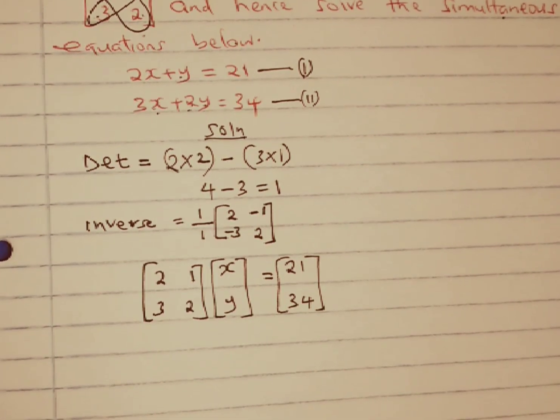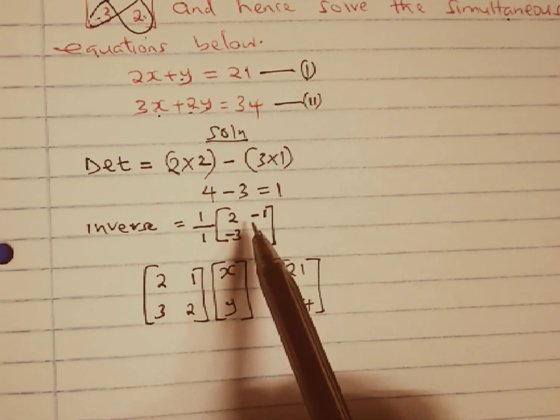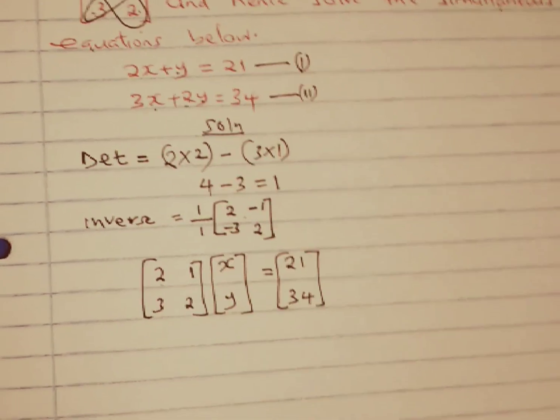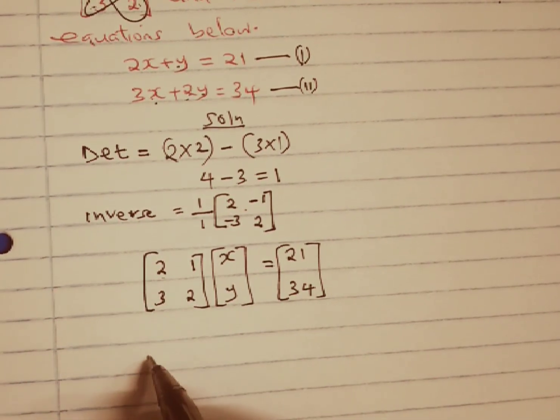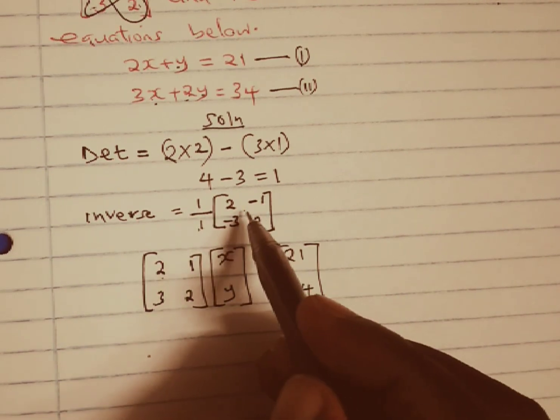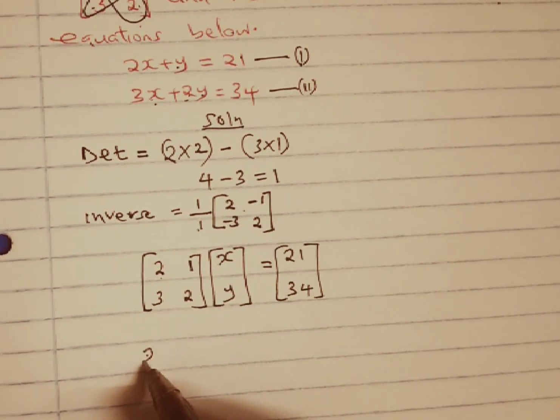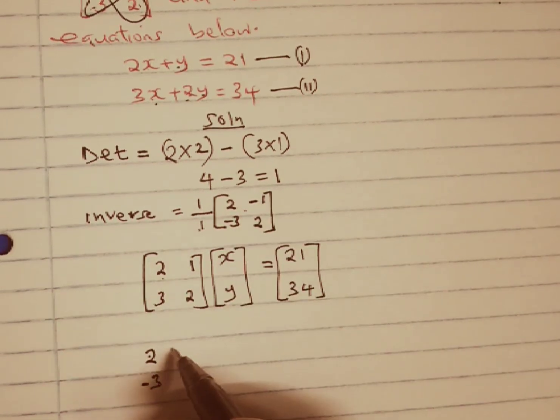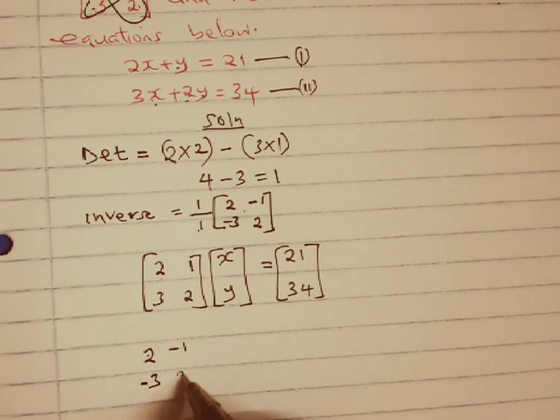Having done that, now we go and take the inverse and multiply the inverse on both sides. That is, we are going to have 1 over 1 times the brackets. We will have simply 2, negative 3, then negative 1, 2.